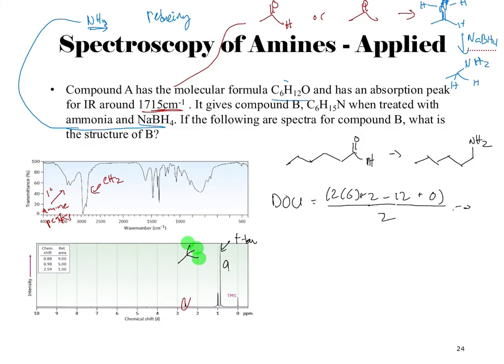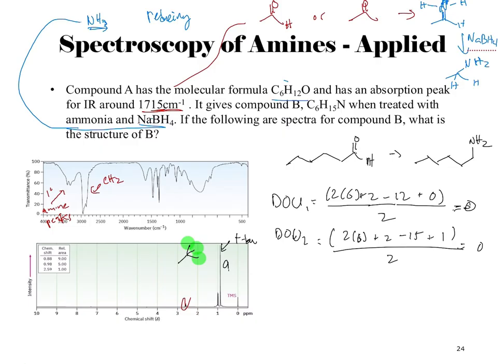This will give us 0. For the second compound, we get 2 times the number of carbons, which is 6, plus 2, minus the number of hydrogens, which is 15, plus the number of nitrogens, which is 1, divided by 2, and we also get 0, so there are no double bonds, which should help simplify our structure a little bit.